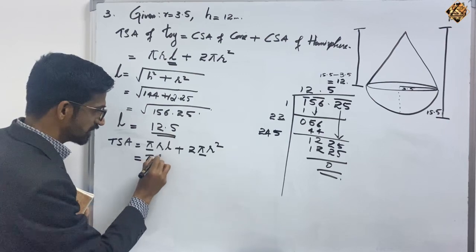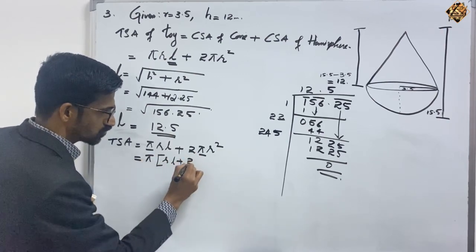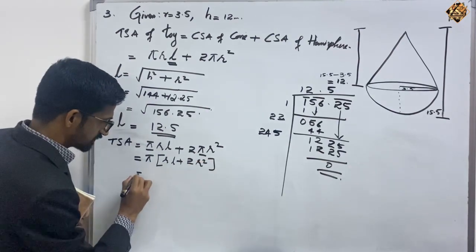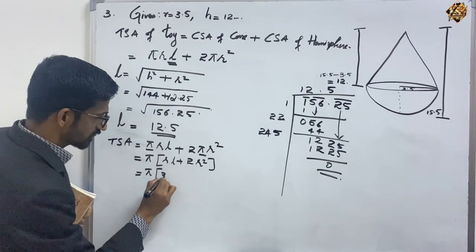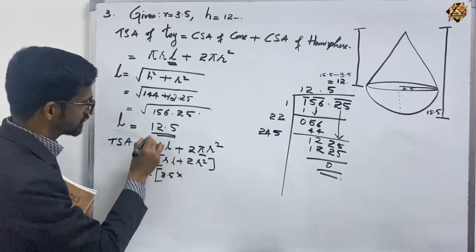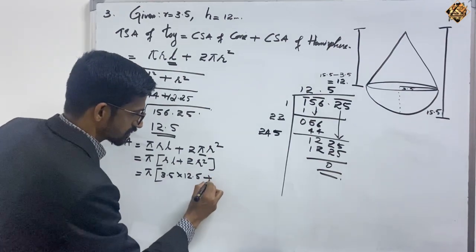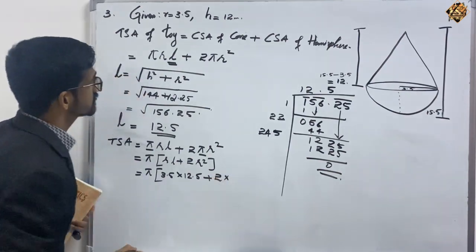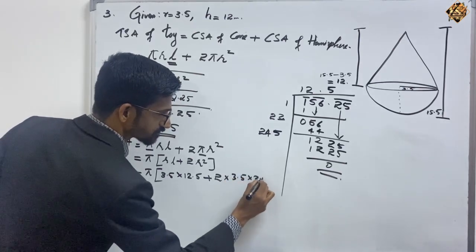So that is pi into RL plus 2 R square remaining. That's equal to pi into radius 3.5 into slant height, we found it is 12.5, plus 2 into radius 3.5 into 3.5.